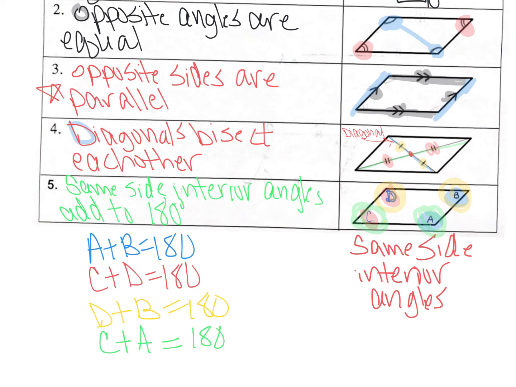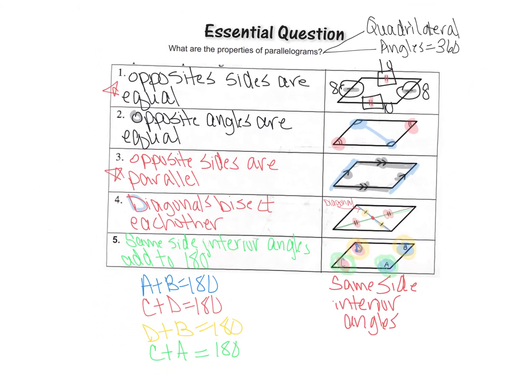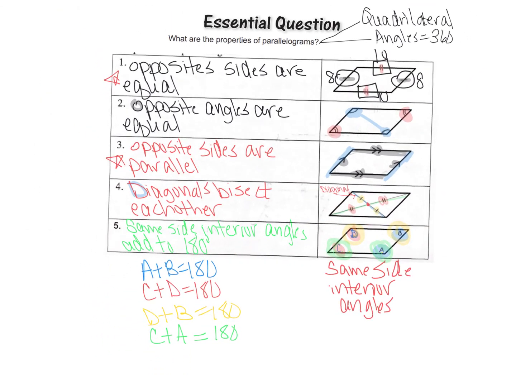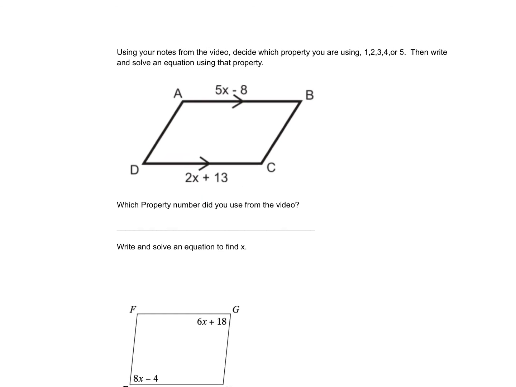Now there are 4 questions I want you to try on your own. The question is going to ask you what property you used and then to write and solve an equation. If you look at the next slide, let's go ahead and do that real quick. Here we have a parallelogram.